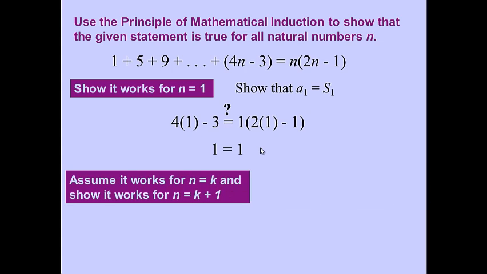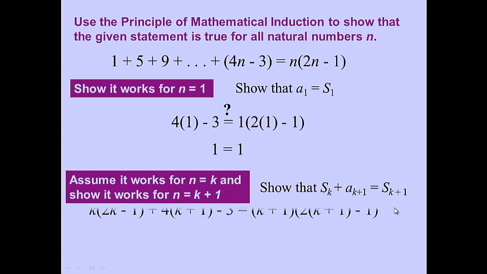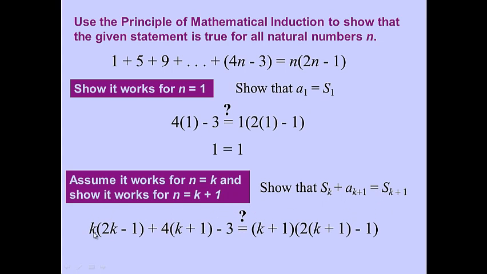Now, assuming it works for n equals k, show that it works for n equals k plus 1. So in other words, show that the sum of the first k terms plus the k plus first term equals the sum of the k plus 1 terms. So here we go. The sum of the first k terms, using the sum formula up here, I substituted k for n. k times 2k minus 1 is the sum of the first k terms.